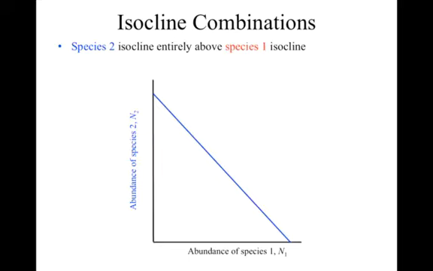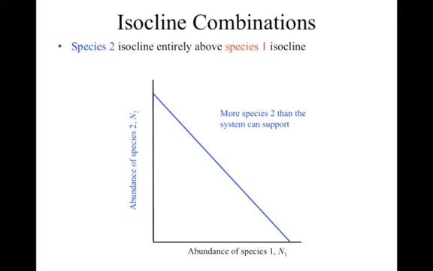We're going to be thinking about moving up and down along the y-axis, or the species 2 axis, because that tells us about the change going up and down in the species 2 population. All right, so remember, on the isocline, my abundance of species 2 is not changing. It should be constant forever as long as I hold species 1 constant. And so if I have more species 2 than that isocline, that means I have too much species 2.